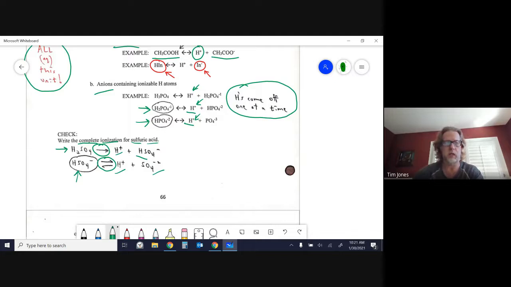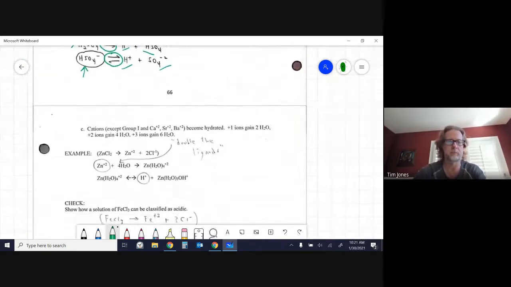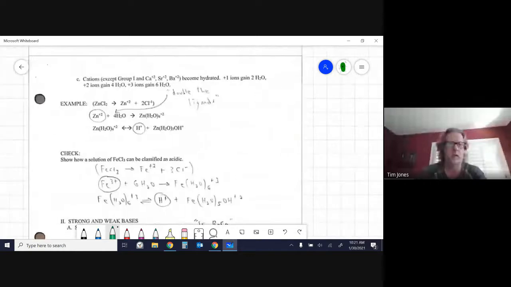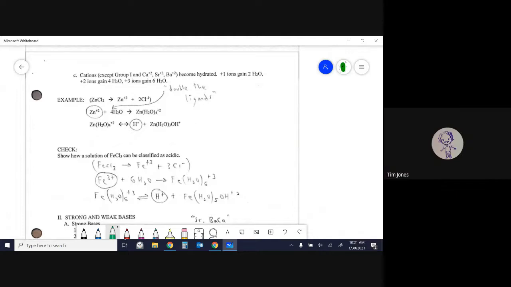So we've done two types. There's going to be a third type right here. It turns out that some positive ions, when they become hydrated, in other words, when they are put in water, some water molecules attach to them, forming a complex ion.